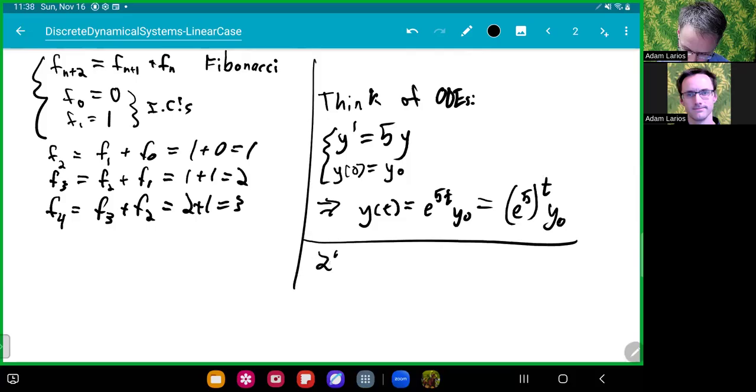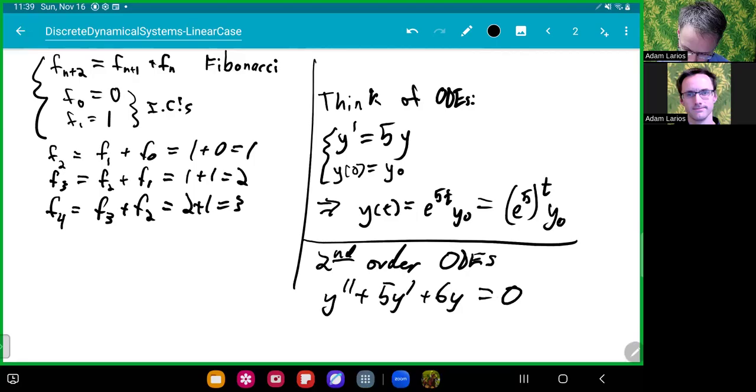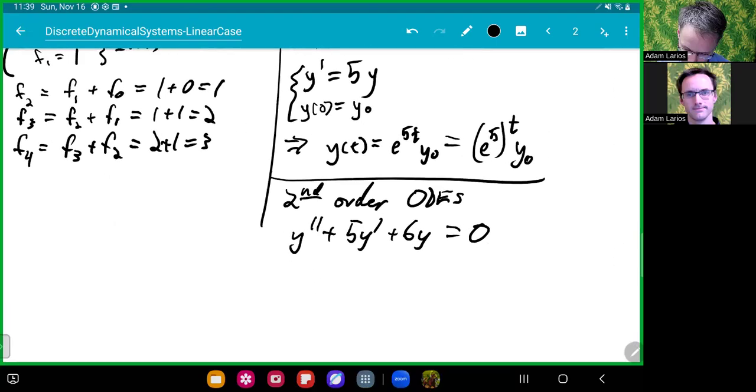For second order ordinary differential equations, for instance, think about something like y double prime plus 5y prime plus 6y is equal to 0. If you recall, the idea, or ansatz, if you like, is to guess.